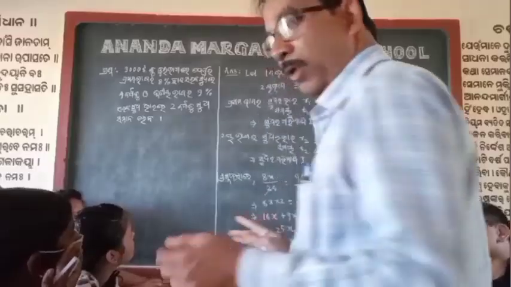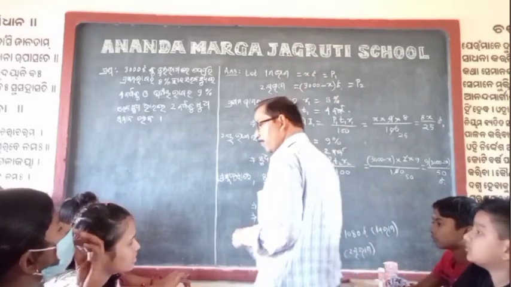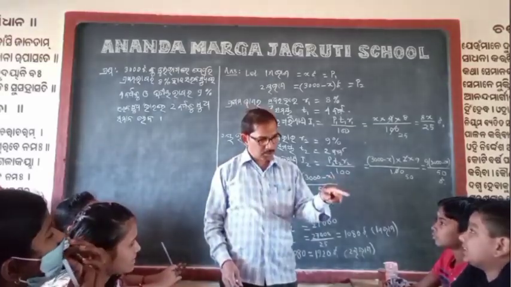Mathematics should be taught in a pleasant atmosphere. If you can arrest the mind of the children and they are focused on the very point you are teaching them, then it will be so easy.